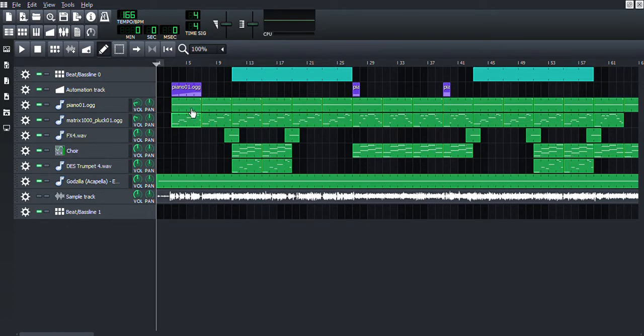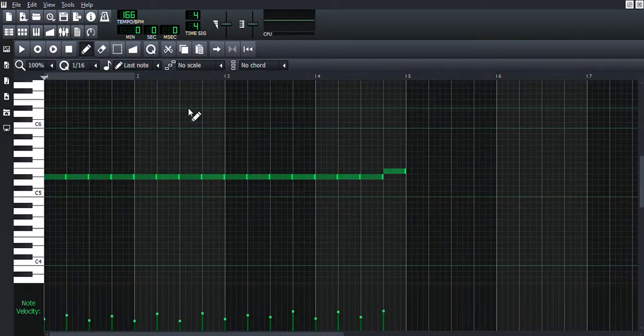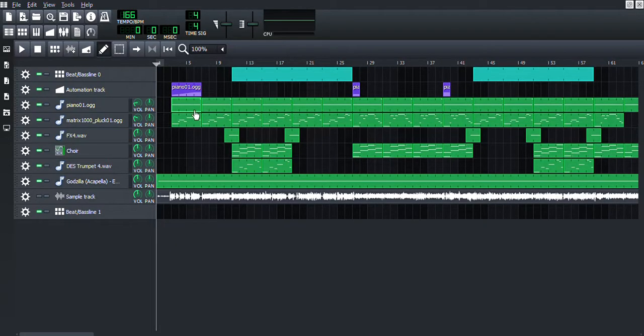While I was listening to the MIDI, I noticed that it had this in the background, and I was like, okay, that sounds cool. If I want my remix to sound cool and unique, then maybe I should have that as well. So then that's what I did. I added the piano in the background.